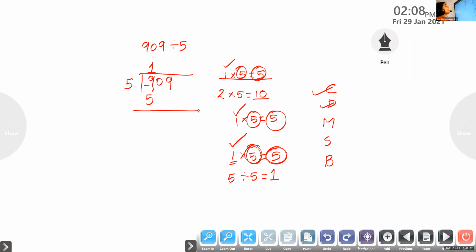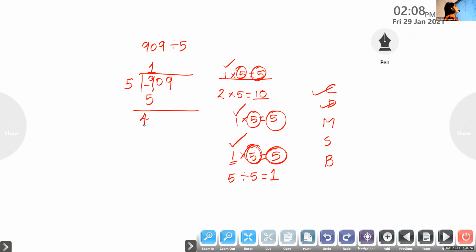Take 9 fingers, my dear. Where are the 9 fingers, show me? Close 5 fingers. How many are remaining? Count the fingers. 4. So 9 minus 5 is 4.